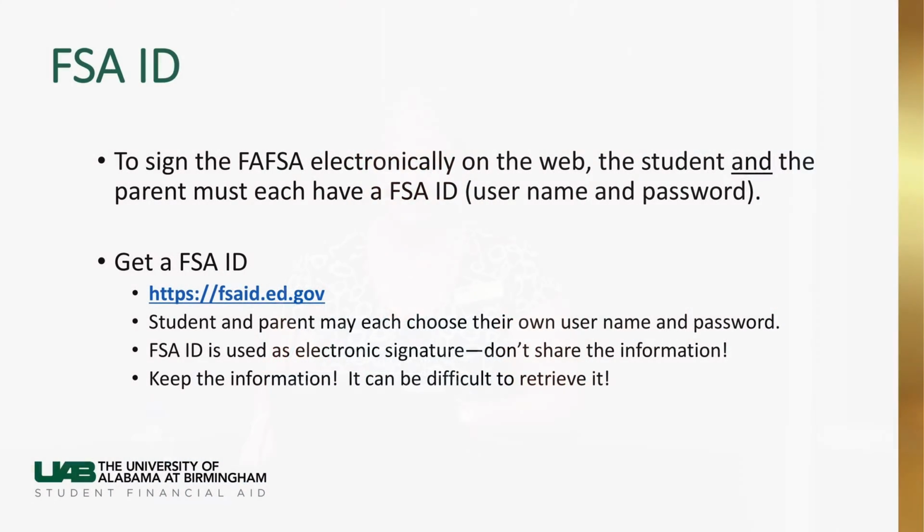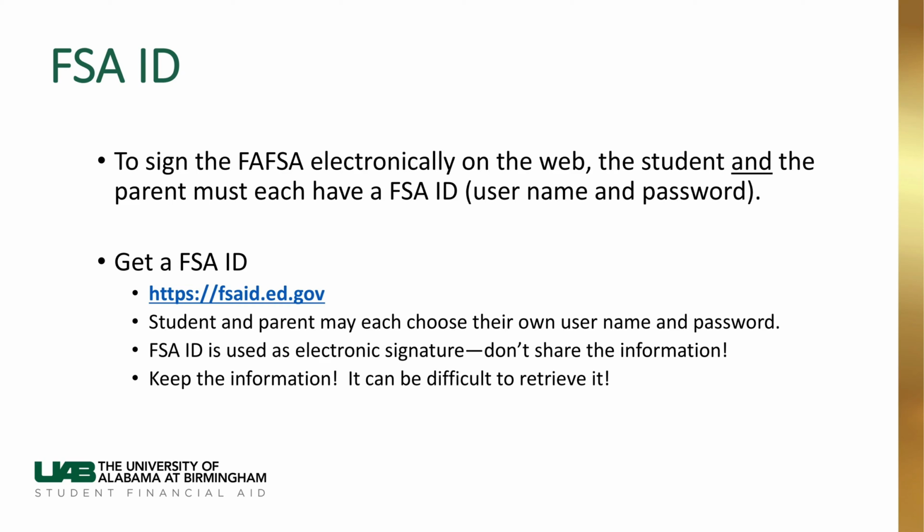I mentioned that you electronically sign the FAFSA, and the way you do that is by using what's called an FSA ID, a Federal Student Aid ID. The student has to have their own FSA ID, and the parent has to have their own FSA ID. Now, if you're a parent and you have twins that are coming to college, you don't need two FSA IDs for yourself.